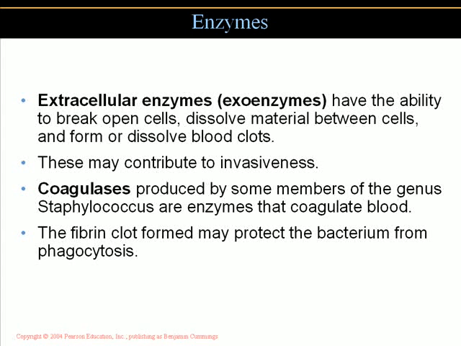Enzymes. There are extracellular enzymes referred to as exoenzymes that have the ability to break open cells and dissolve material between cells, or that form or dissolve blood clots. These can contribute to invasiveness. So imagine an organism that enters into the body. Some of our initial defense mechanisms are the skin, and even if you break the skin, at least it would only be a local or focal infection because there are tissue layers that help to localize an infection.